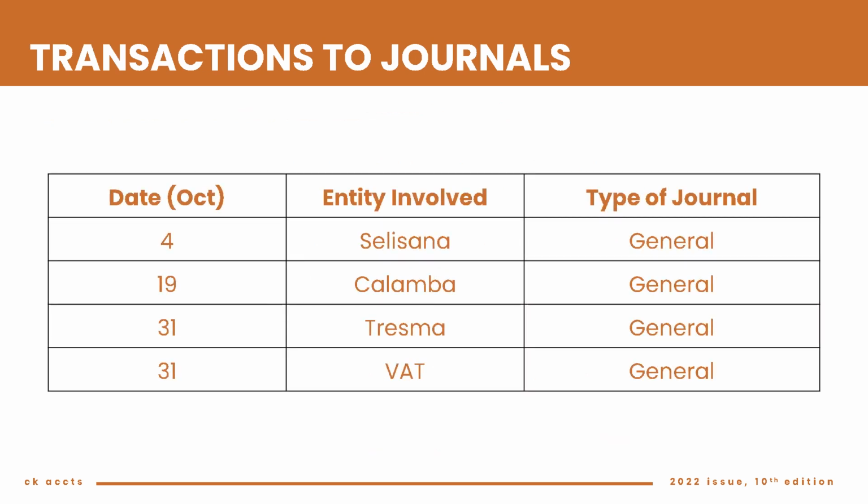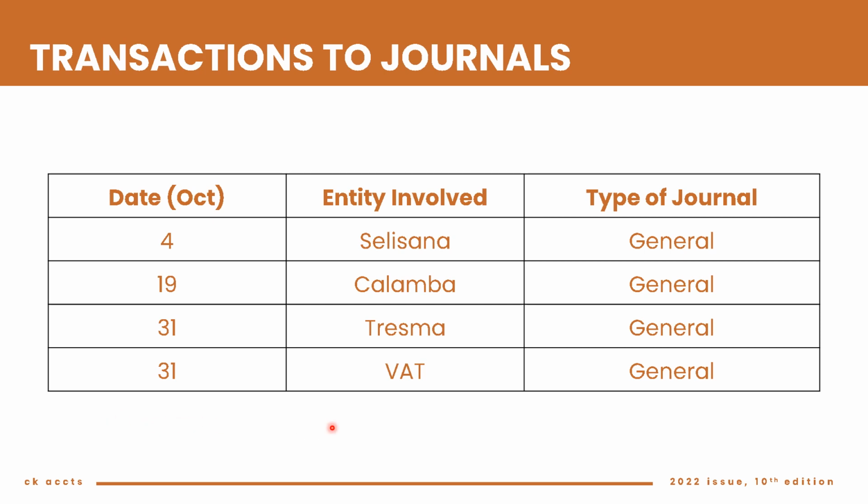Okay? So, simulan natin dito sa listahan na to. Di ba kanina pinakita ko sa inyo yung mga listahan ng mga transactions with its date, entity involved, type of journal. Okay? And sa listahan na yon, meron lang tayong 4 na transactions na applicable for general journal. And ito sila.